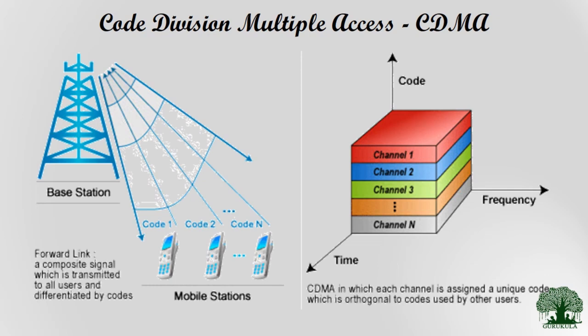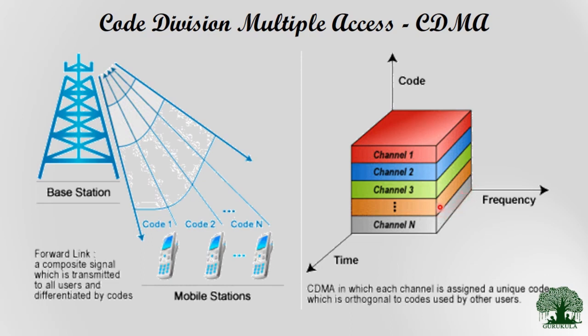When you look at the diagram on the right hand side, you can see that the various users are differentiated with respect to code, so the users are not restricted with respect to frequency, meaning he can use the entire frequency spectrum that is available, and he is also not restricted on the time period, so he can use the entire frequency for the entire time period.